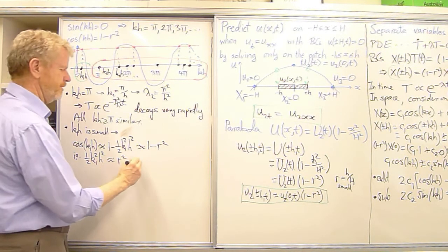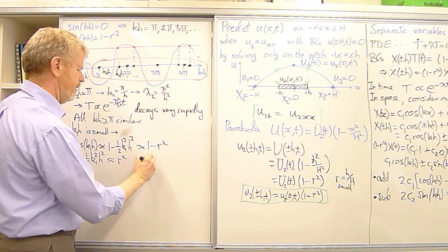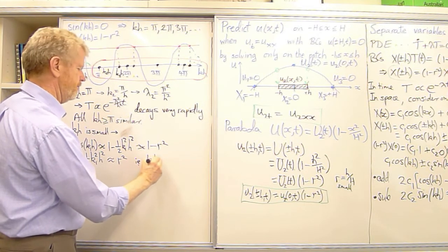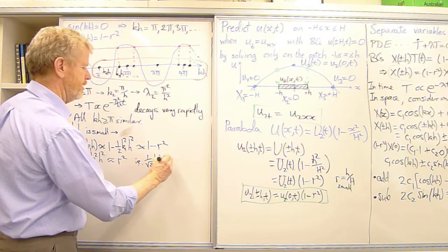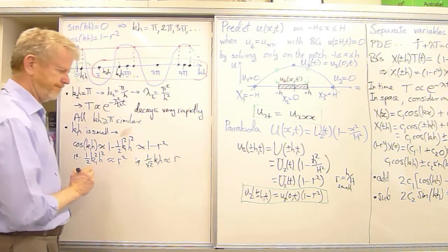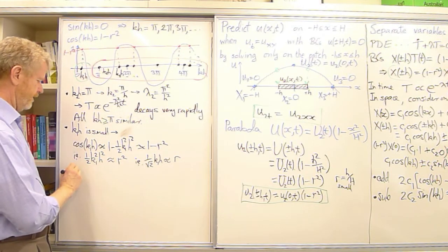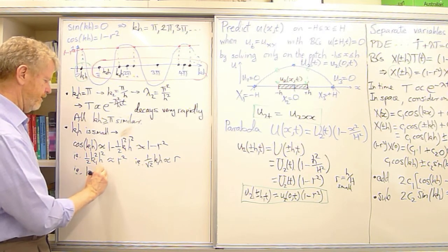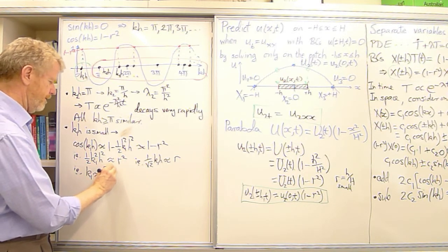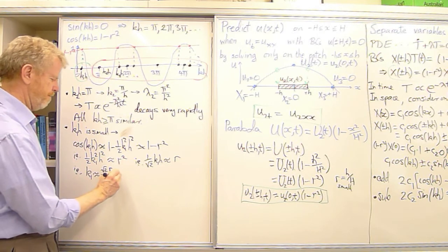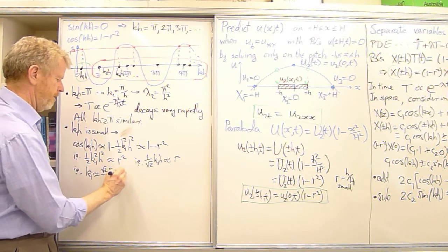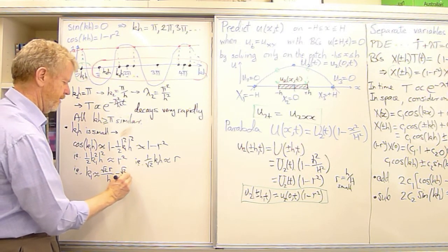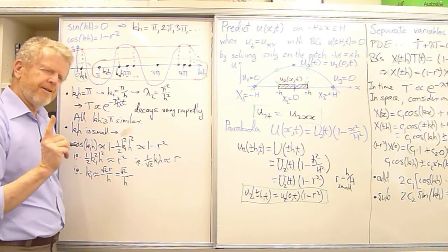Take the square root: 1 over square root of 2 times k1h has to be approximately r, and rearrange for k1. K1 is root 2 r over little h, which is root 2 over little h, times r.